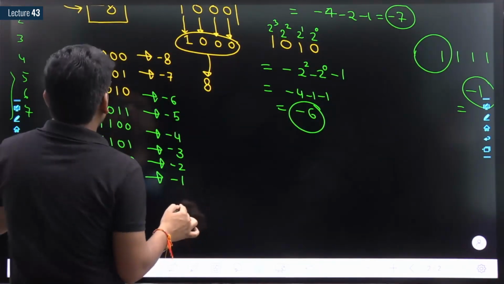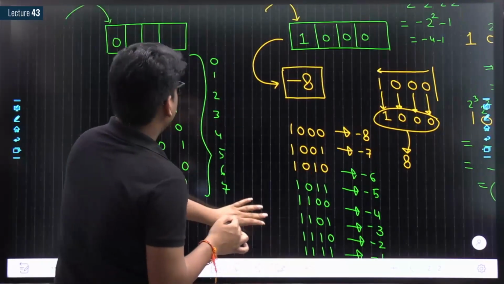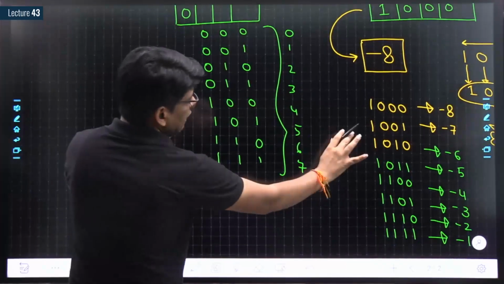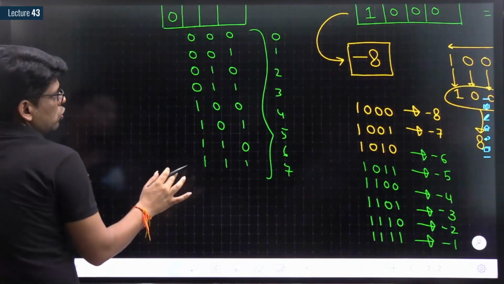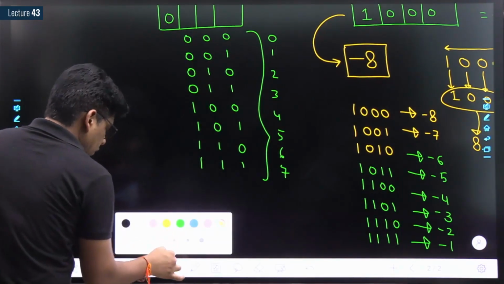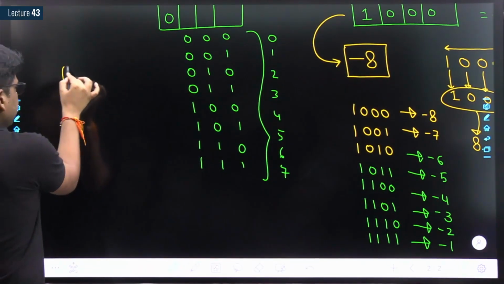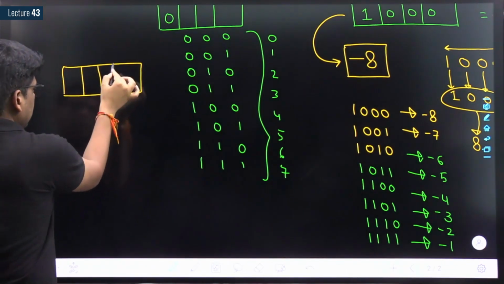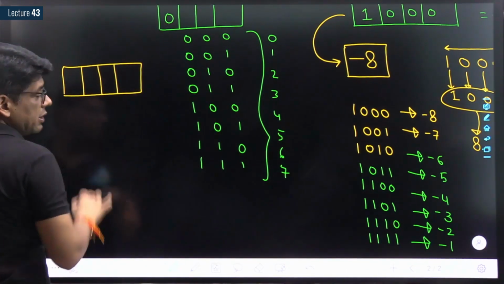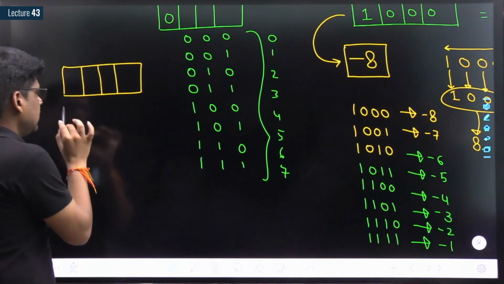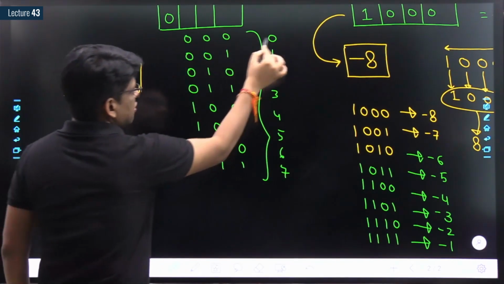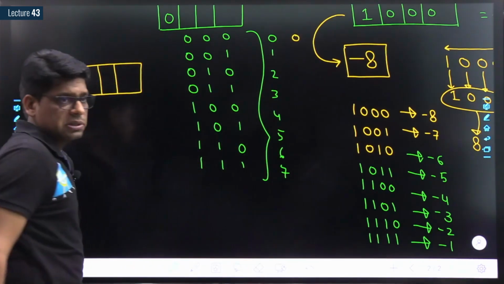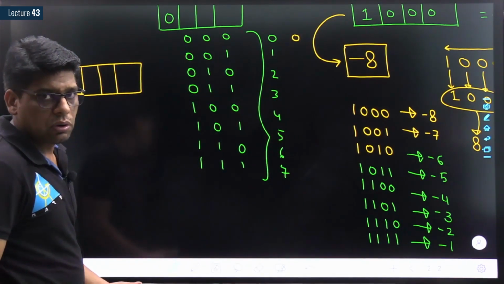Minus 1. Now, try to understand. We have all the values over here. For positive numbers, we have 4 bits. What is the range? What is the first value? 0.